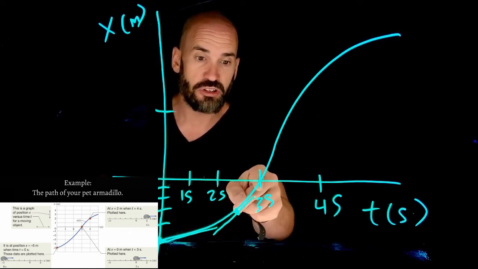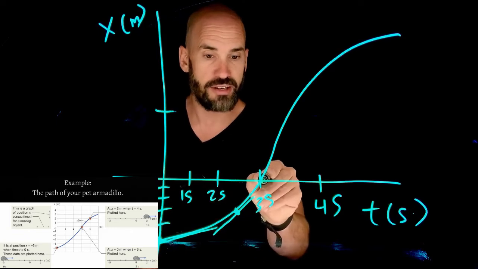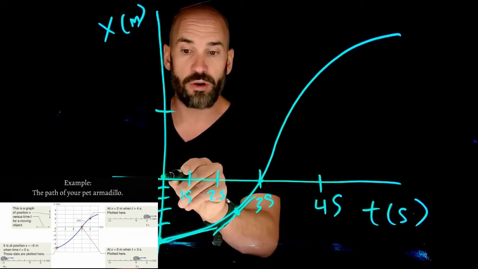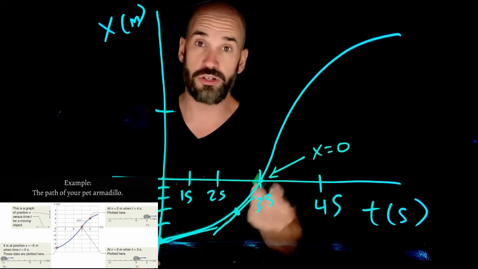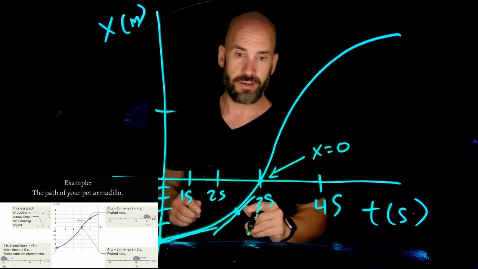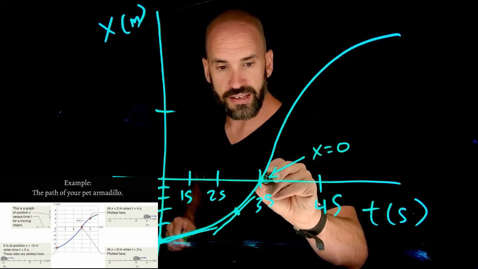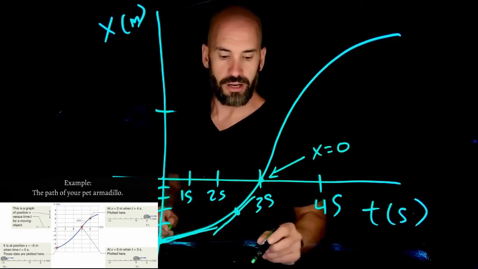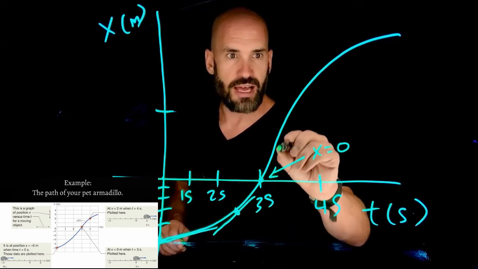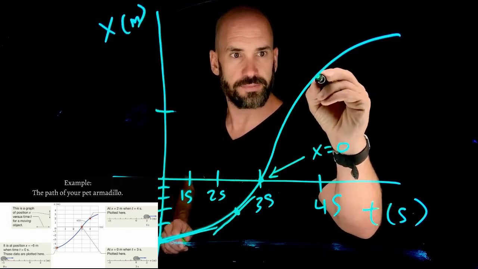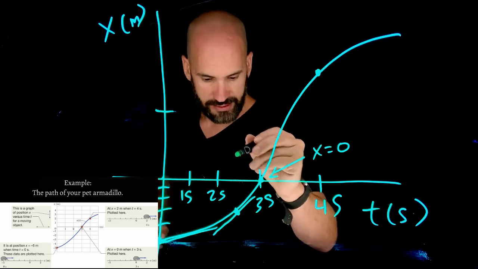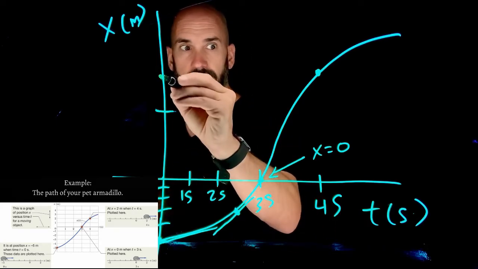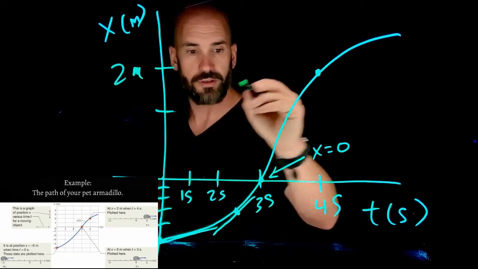Eventually, at time equals 3, he's at the origin, x equals 0. The origin is always x equals 0. So at 3 seconds, he passes the origin, and then at 4 seconds, we see that it's going to be 2 meters.